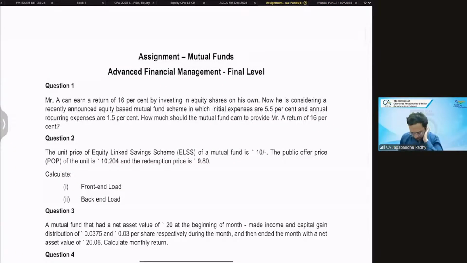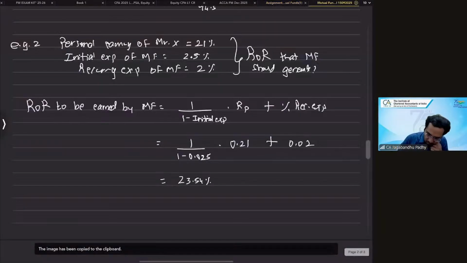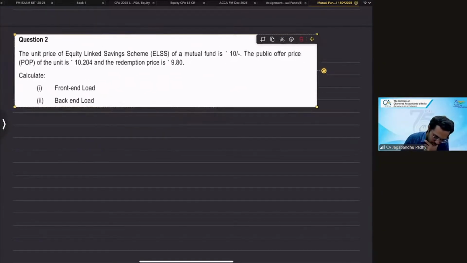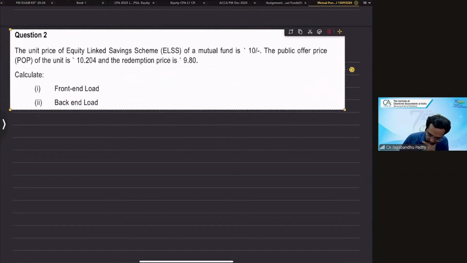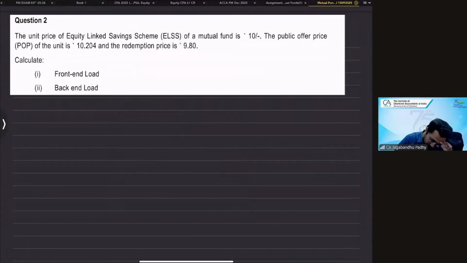Now, let's look at question number 2. The unit price of an equity linked savings scheme of a mutual fund is 10.